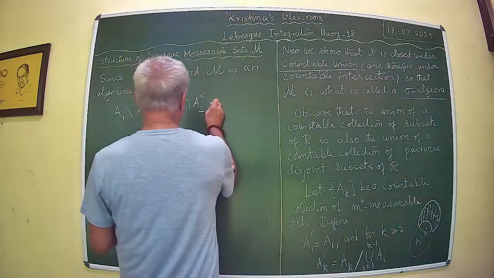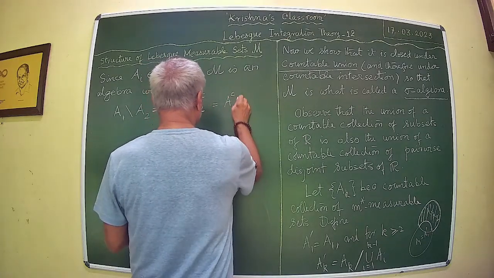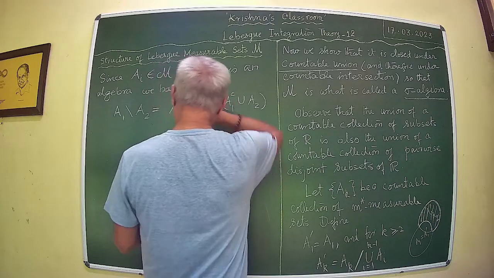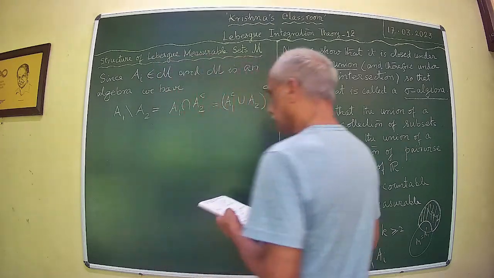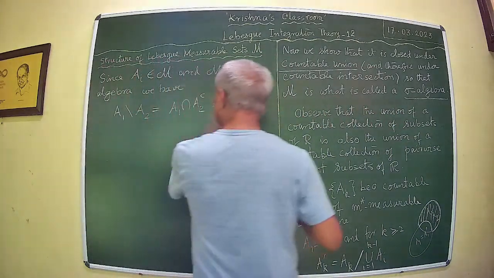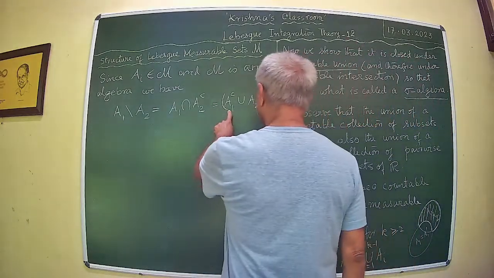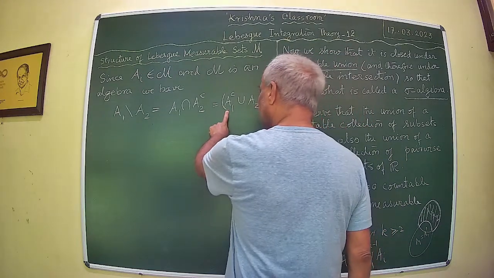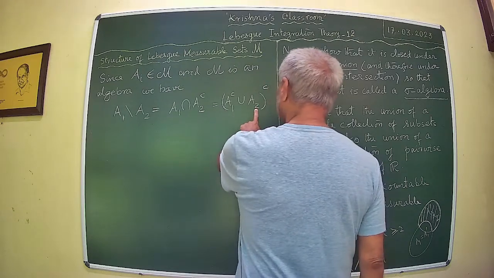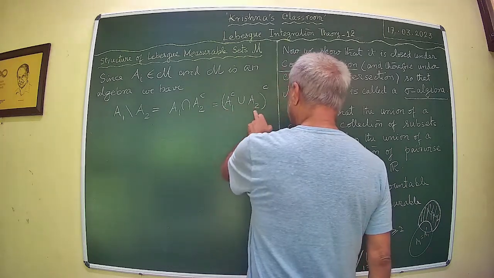This is equal to the complement of A1 complement union A2. And therefore, you see that this is measurable, because A1 belongs to M star, so A1 complement belongs to M star, A2 belongs to M star, and script M is closed under finite union.